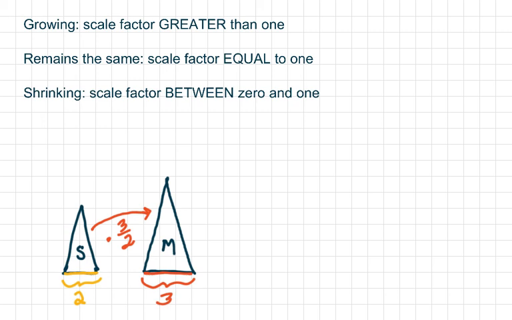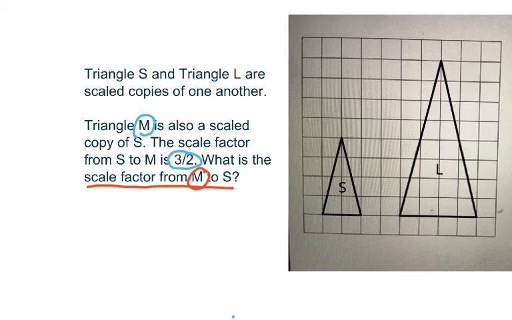Now that I know the distance, I can start to put these together in a different order, which is what happens when we're asking, okay, what is the scale factor going from M to S? So we've reversed the order. When we were building triangle M, we were using a scale factor of 3/2.